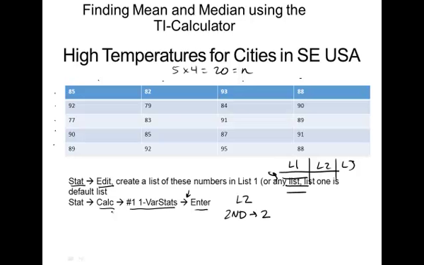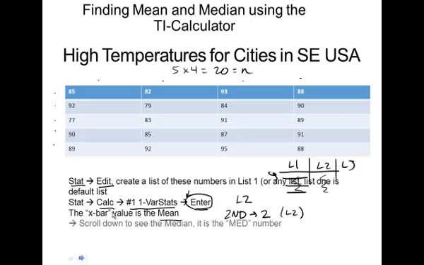You'll notice that above the 2 key on the TI-83 or 84, it says L2, right? So then you would hit enter after that. If it gives you an error, that means that you need to go back and fill out the values of the list in the appropriate one. The X bar value that's given, that's the mean value. And then the median says MED. Okay.